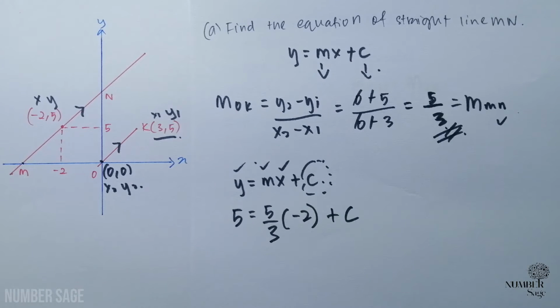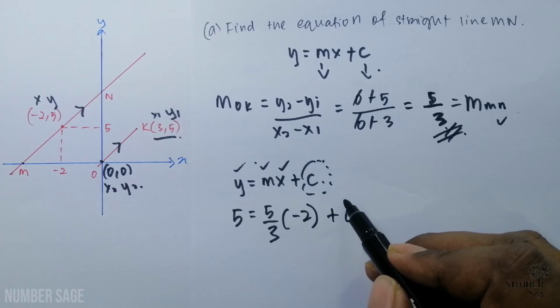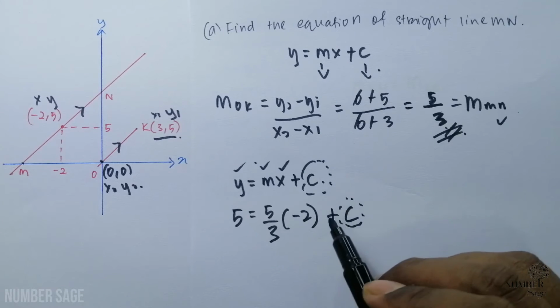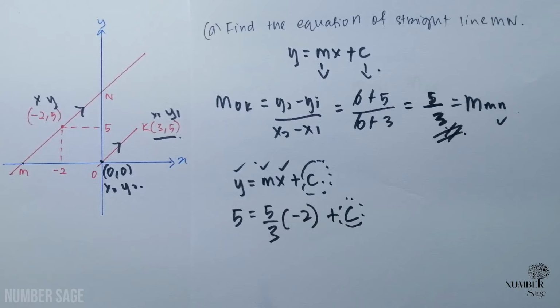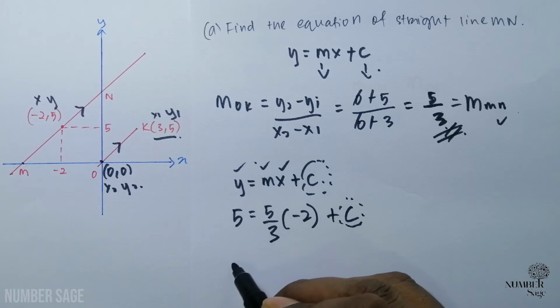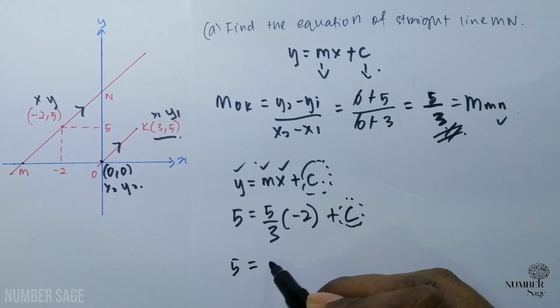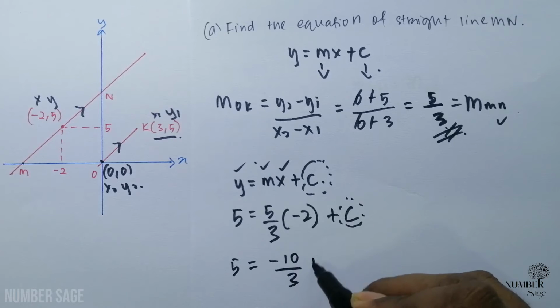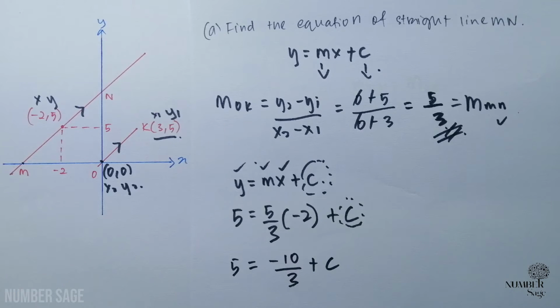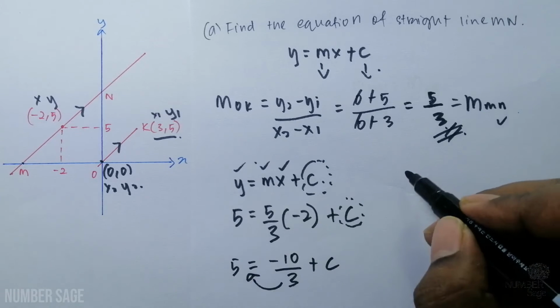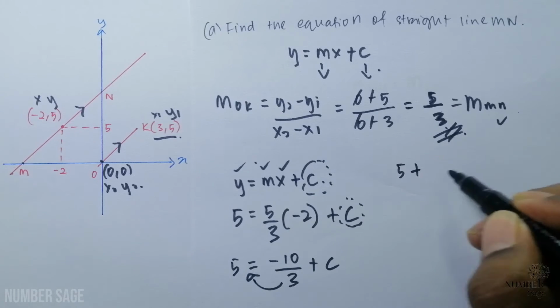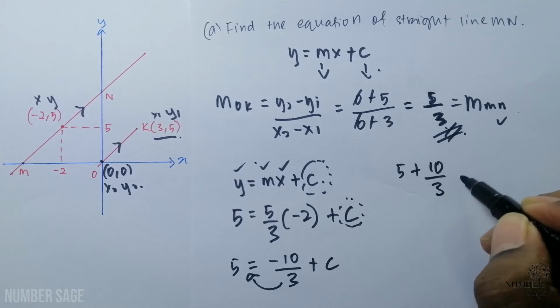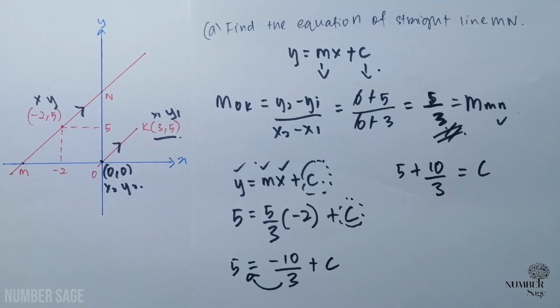Now we have to solve this equation to find the value of c. So 5 equals -10 over 3 plus c. Bringing this to the other side gives us 5 plus 10 over 3 equals c.